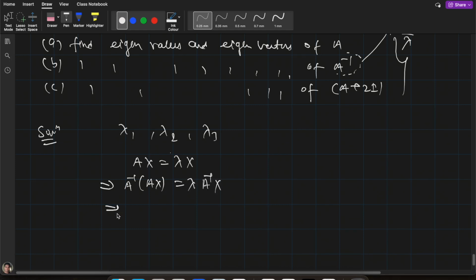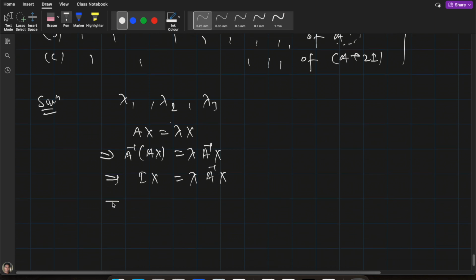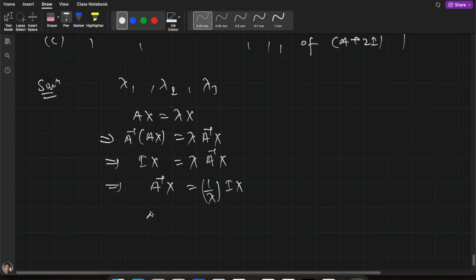You can see that this is nothing but the identity matrix times x equal to lambda A inverse x. Now let's move this lambda to this side. You will get A inverse x equal to 1 by lambda times Ix, that is A inverse x equal to 1 by lambda x.